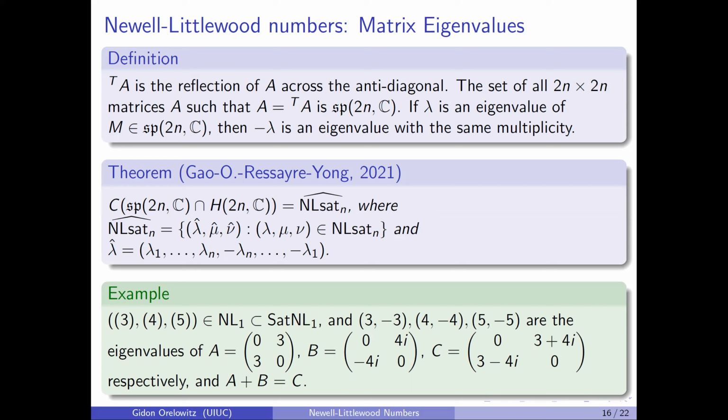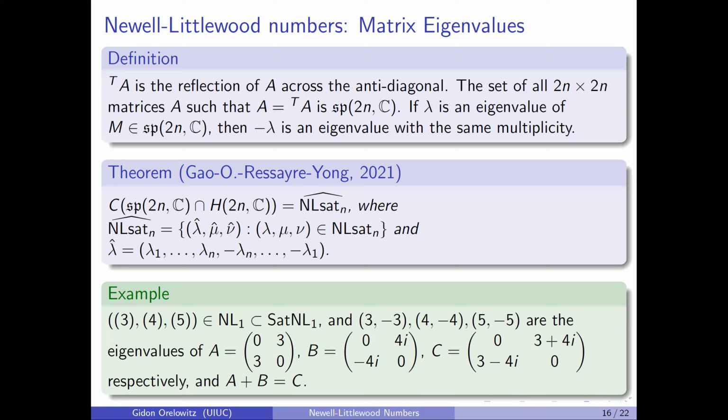So these eigenvalues won't immediately correspond to partitions, but if you only take the positive half of the eigenvalues, that corresponds back to partitions. And you can go the reverse way by just taking a partition and then negating it. You now get a set of eigenvalues for some symplectic algebra matrix.